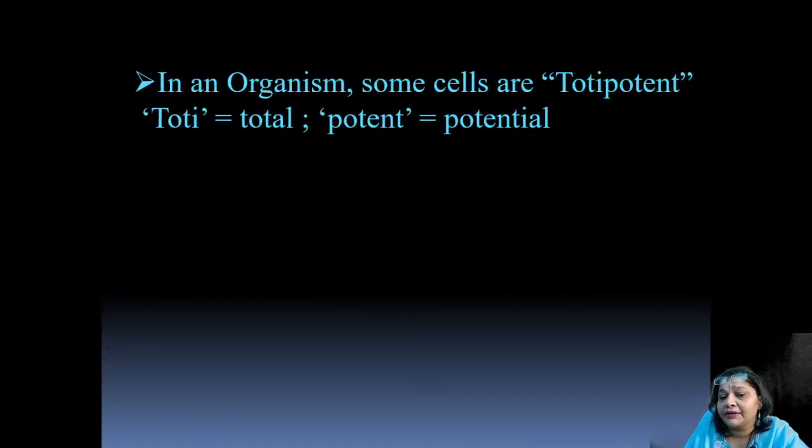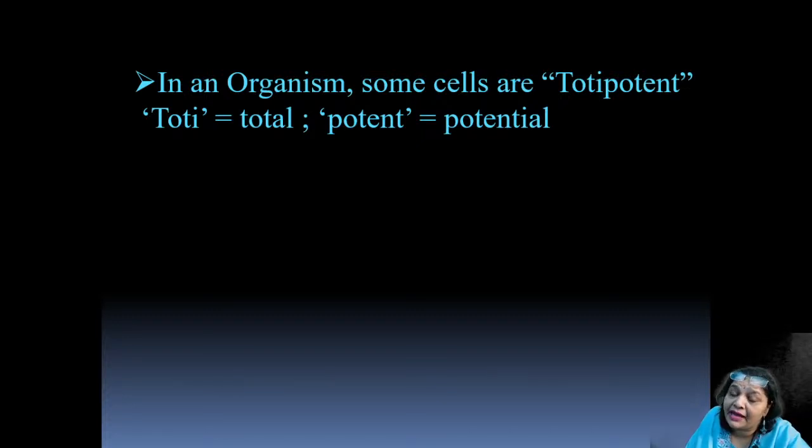In an organism, we know the organism is made up of basic building blocks called cells, isn't it? Now, some of these cells are said to be totipotent. Now, what is this totipotent? Actually, toti refers to total and potent refers to potential or the capacity, okay? Now, in an organism, some of these cells are totipotent.